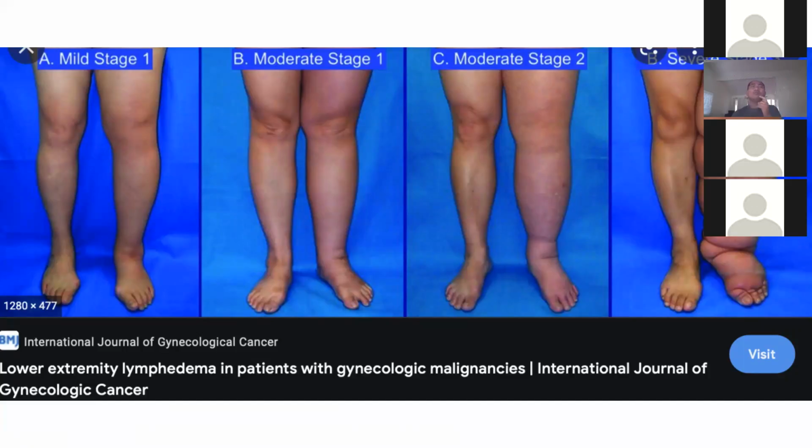So I said lymphedema. It is very particular. Lymphedema means edema secondary to blockage of the lymphatic system. There is another issue, which is general edema. What is edema? It is excessive accumulation of fluid in the interstitial space. It could be due to heart failure.